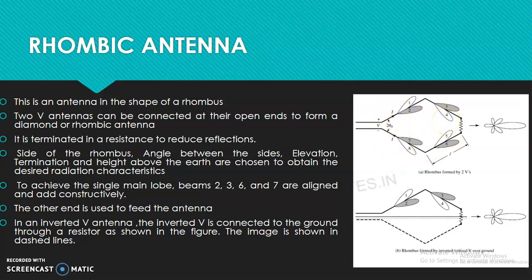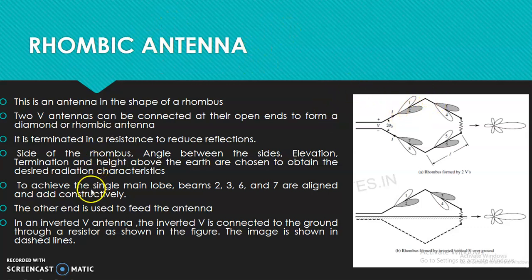Side of the rhombus, angle between the sides, elevation, termination and height above the earth are chosen to obtain the desired radiation characteristics. So all these features, that is the side of the rhombus, then the angle between the sides, then the elevation and height, all these factors will determine the radiation characteristics.